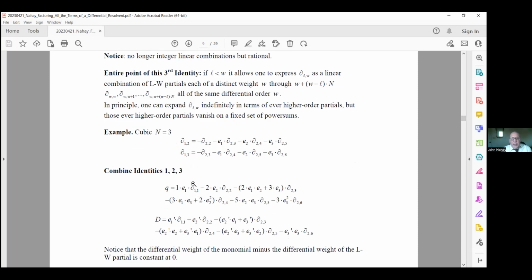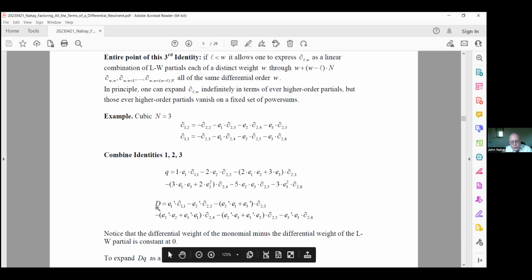Notice it's expanded in terms of LW partials of weights 1, 2, 3, 4, 5, 6 uniquely. There are no two partials of the same weight. And here's the total derivation operator, again del 1,1, 2,2, 2,3 up to 2,6. And notice the differential weight of the monomial minus the differential weight of the LW partial is, again, constant at 0.